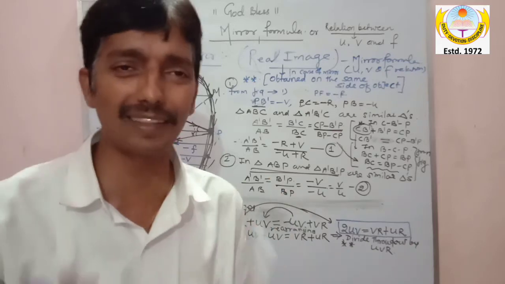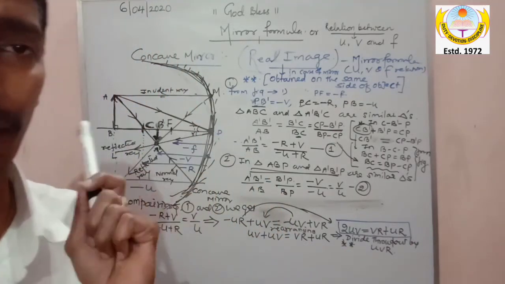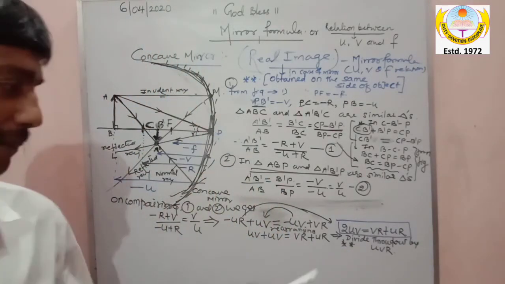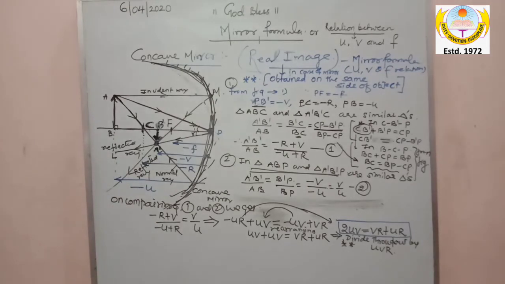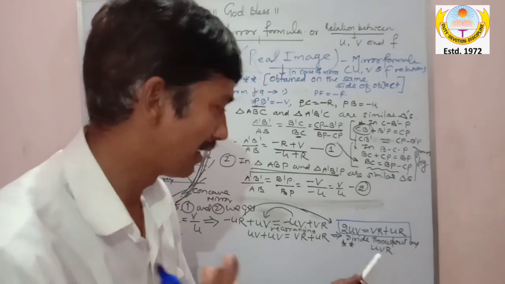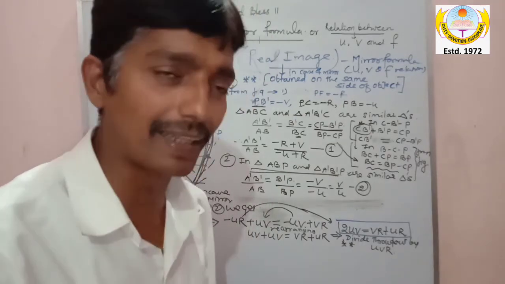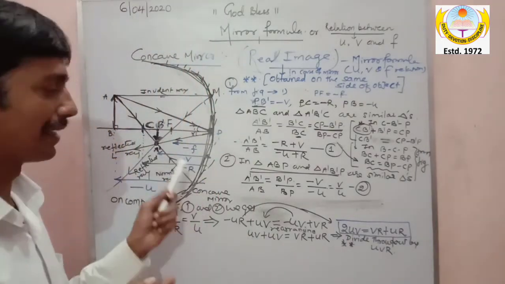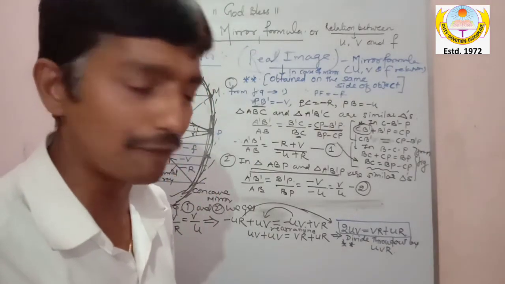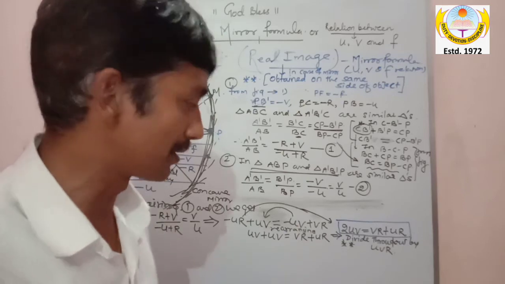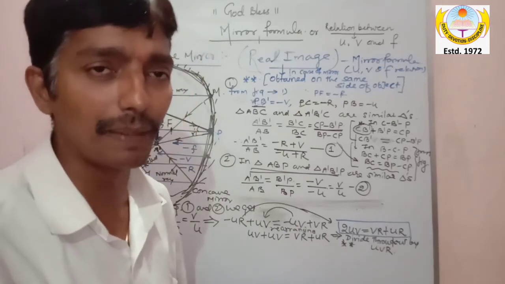You have to remember that here I am dividing by UVR, and in Lens formula we will divide by UVF. In some books UVF method is also taken. It all depends upon the diagrams. You can draw the UVF also for these same calculations. But I am doing it by UVR.